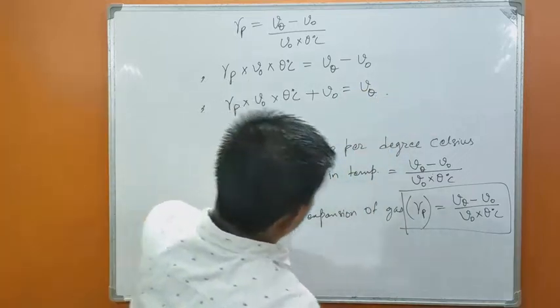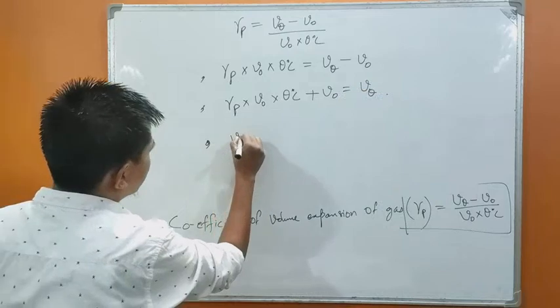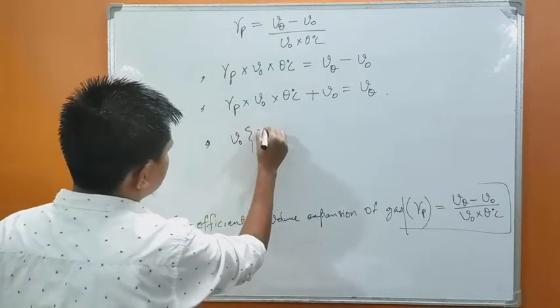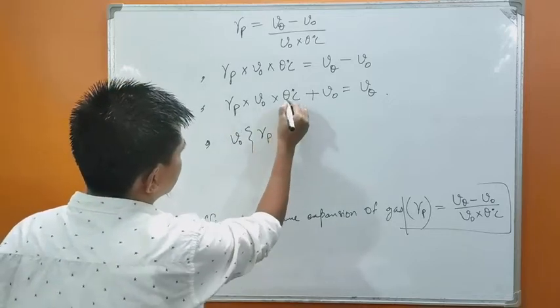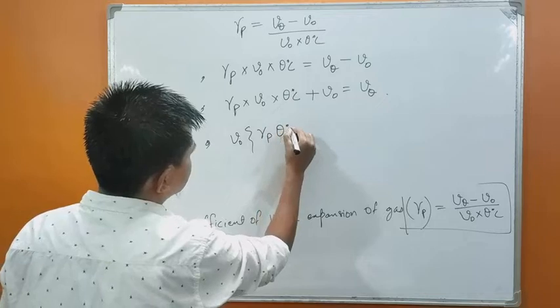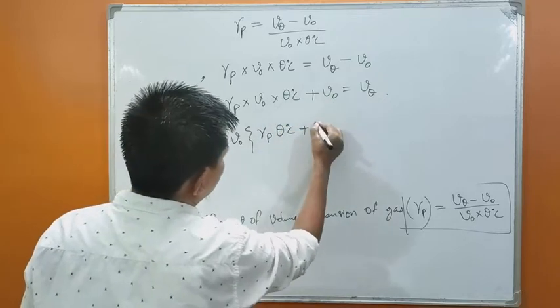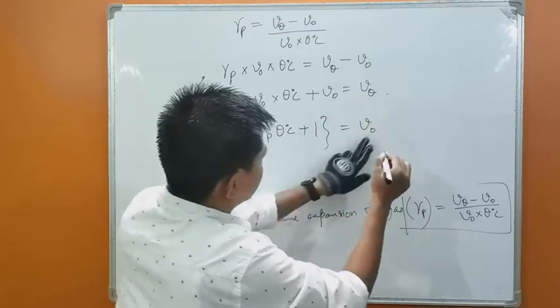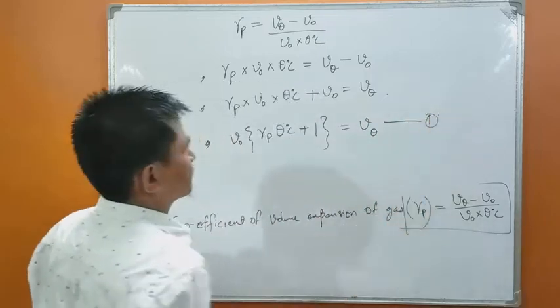Now let us take V naught common out, so V naught remains outside the bracket: V naught into gamma P into theta degree Celsius plus 1 equals V theta. Let us say this is equation 1.